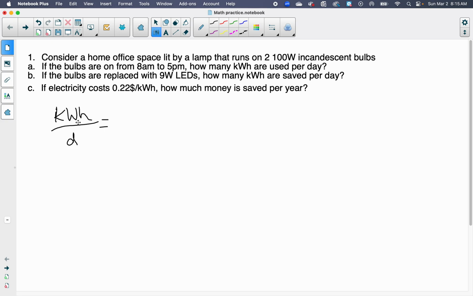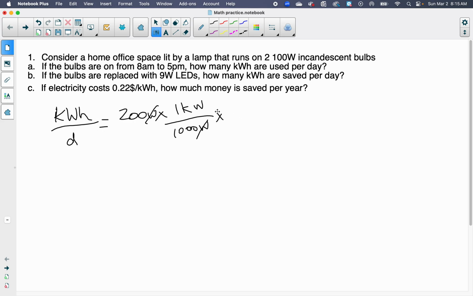So for example, I need kilowatt hours and I've got watts, so I need to have 200 watts converted into kilowatts. 1 kilowatt is the same as 1,000 watts. Now I know I can get rid of those units and be left with one of the pieces I need, but I also need hours.